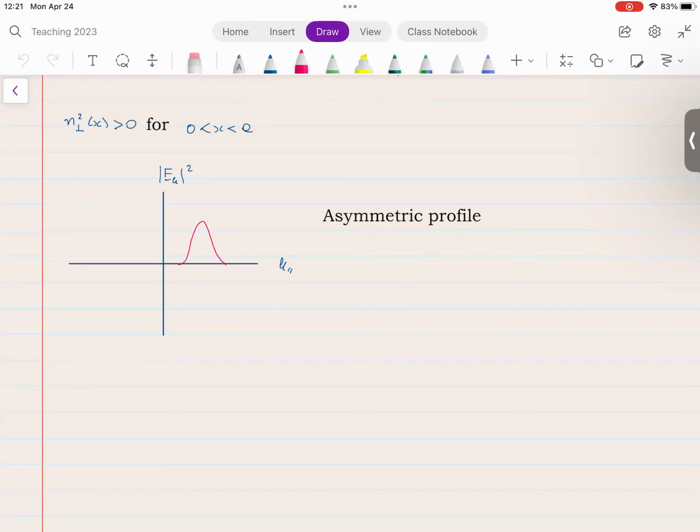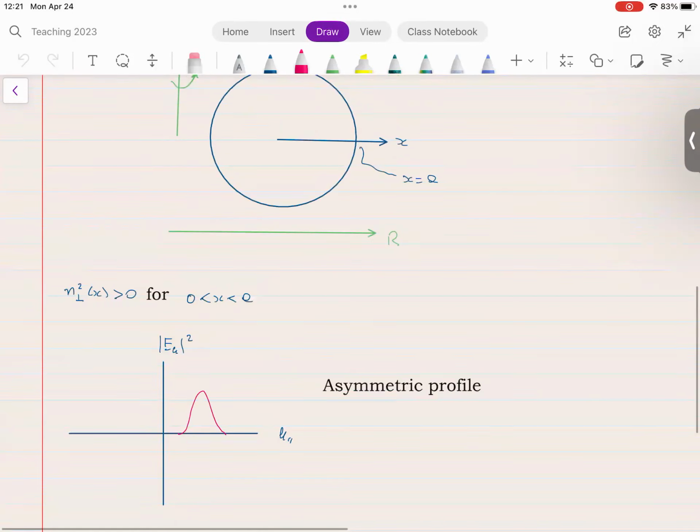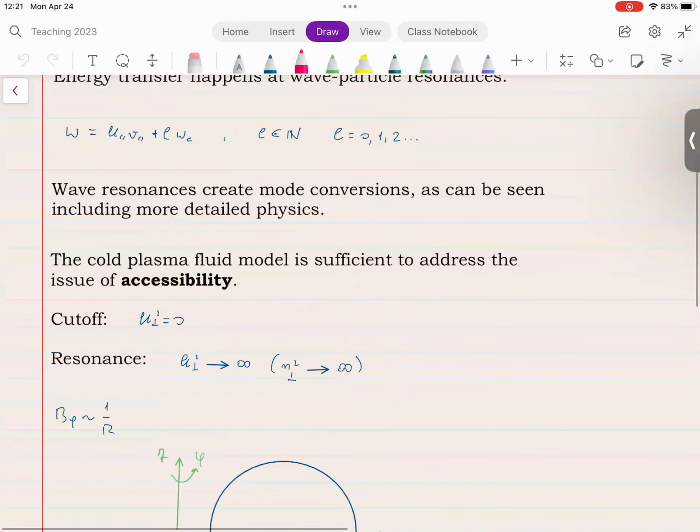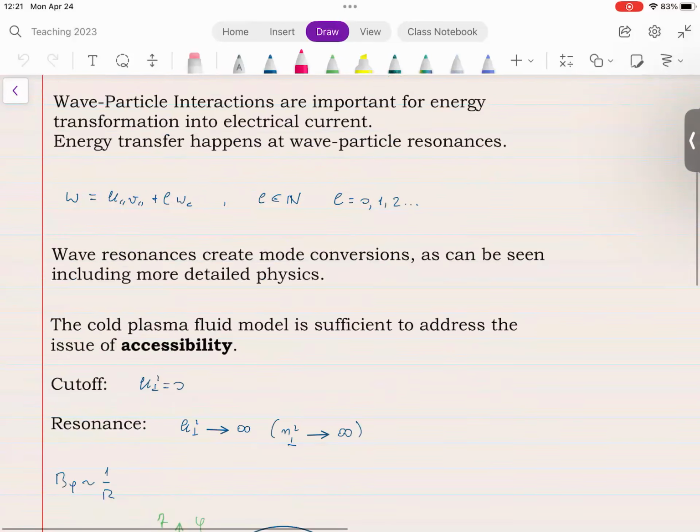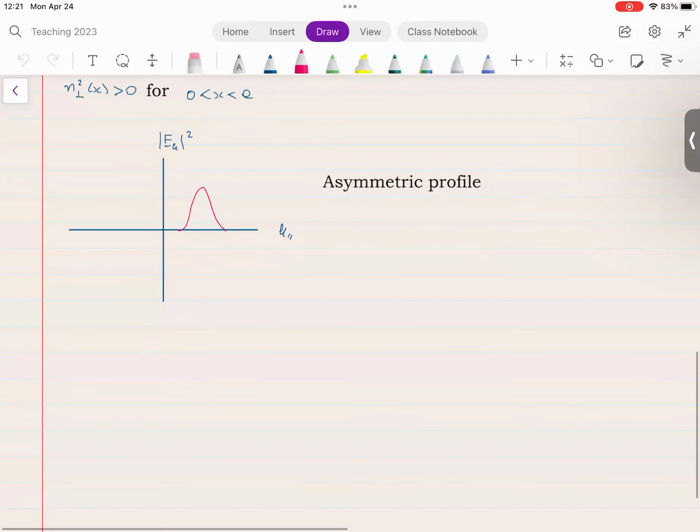For LHCD, lower hybrid current drive, we need, let's see, what did I use for cyclotron frequencies? Okay, I used a generic, so let me use capital omega now, just for convenience.